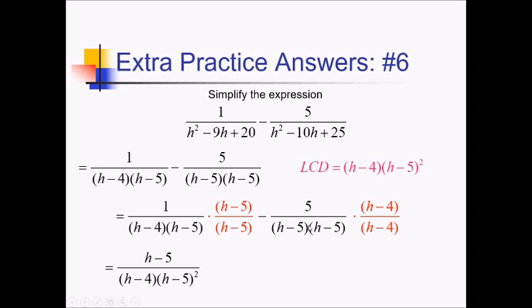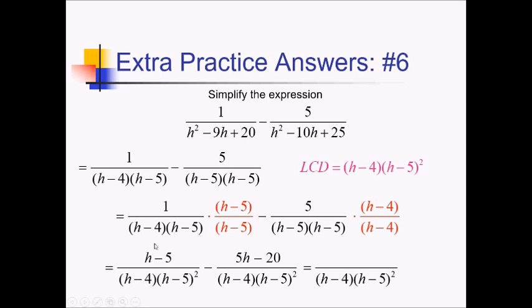And now the other fraction, we're subtracting this, and I have to distribute this 5 to the h minus 4. So that's going to be 5h minus 20 up there. And then we have the LCD again in the denominator. Since I've got the same denominator, I can merge this into one big fraction with the LCD downstairs. There we go. And upstairs now I'm going to just subtract the numerators.